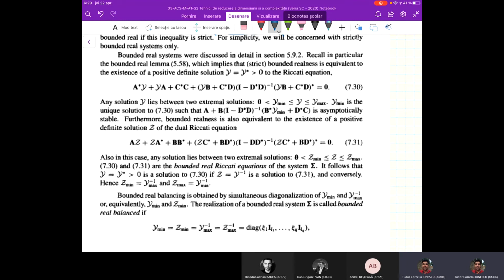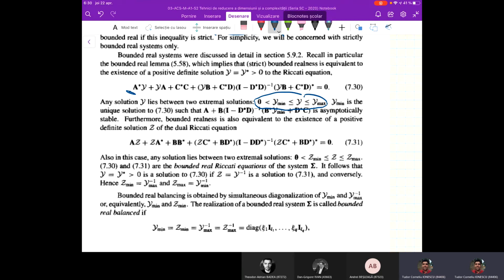And the solutions of these equations also satisfy this boundedness condition. So any solution between Y min and Y max, positive definite matrix, is a solution of this 7.30 equation.